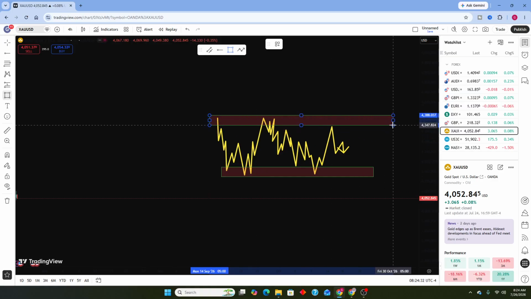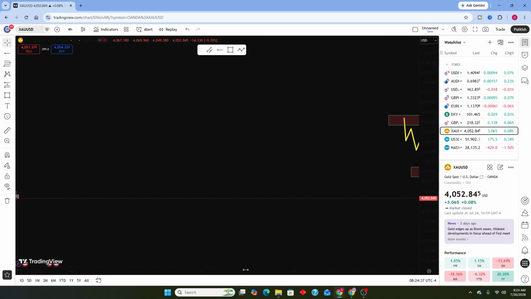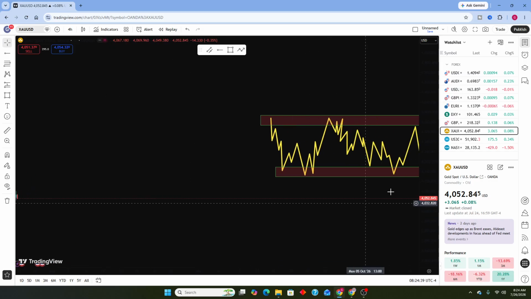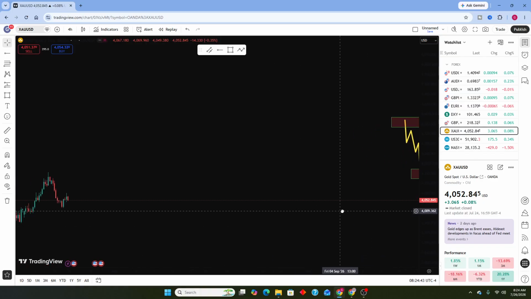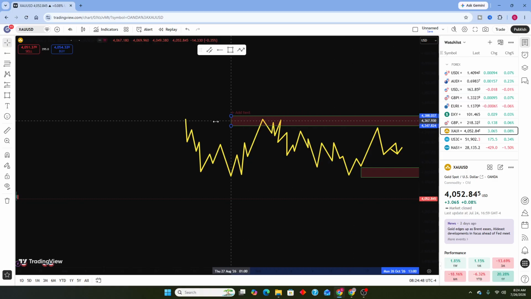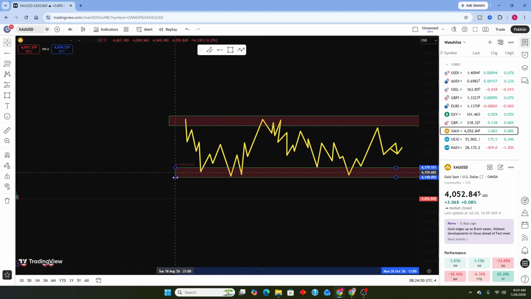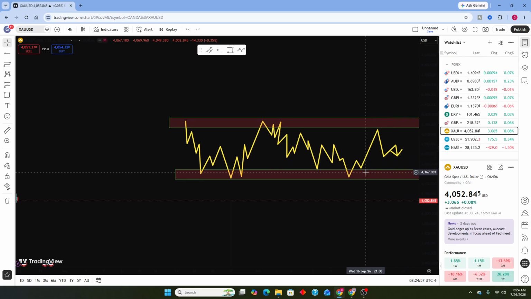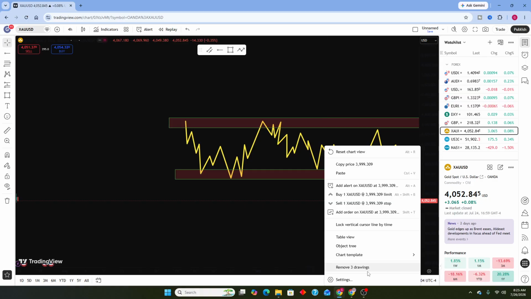Seems like a resistance right here. With that being said, I should be looking for price to break one of these areas and let me know what's happening, at least on this time frame.